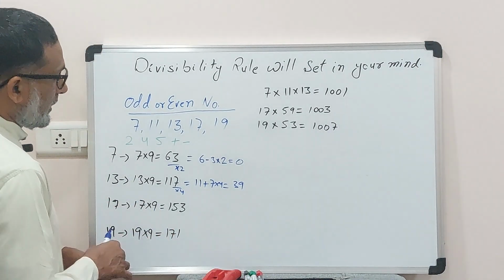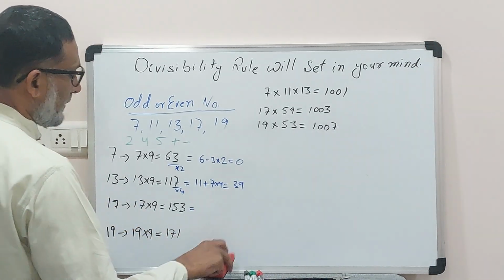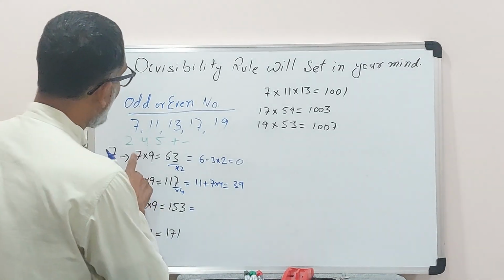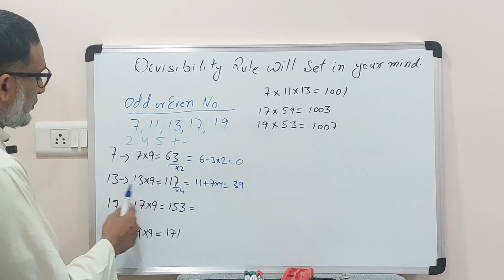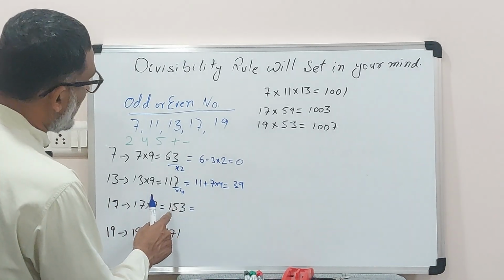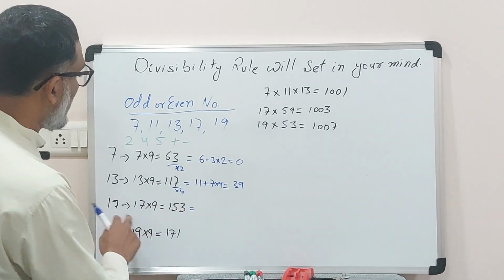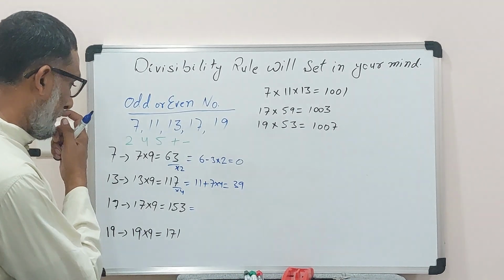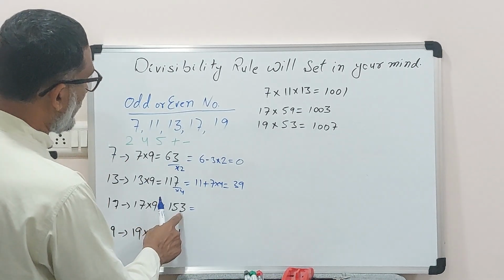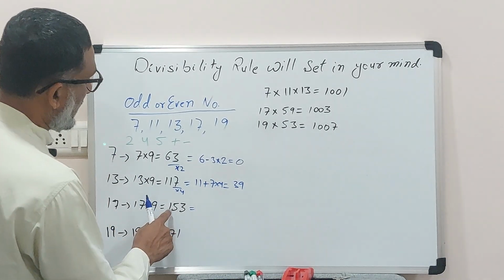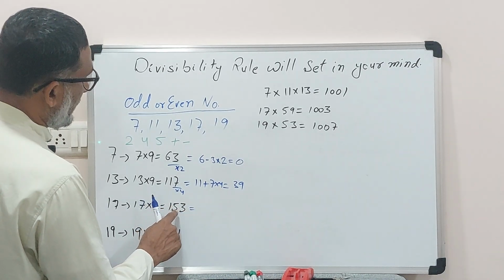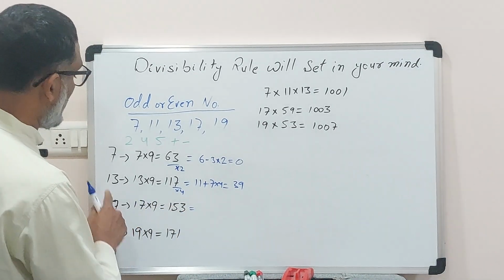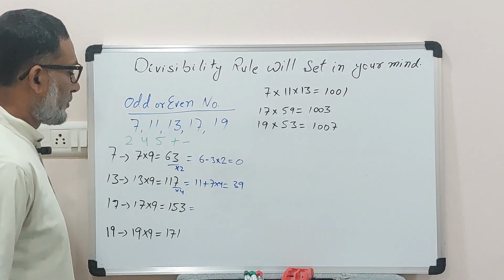For 17 we also check by this method. If we multiply 3 by 2, we get 6, and 6 minus 15 is not 0 or a multiple of 17. If we add, it is also not a multiple of 17. If we multiply by 4, 4 times 3 is 12, and 12 minus 15 gives 3, not 0; 12 plus 15 is 27, also not 0 nor a multiple of 17.